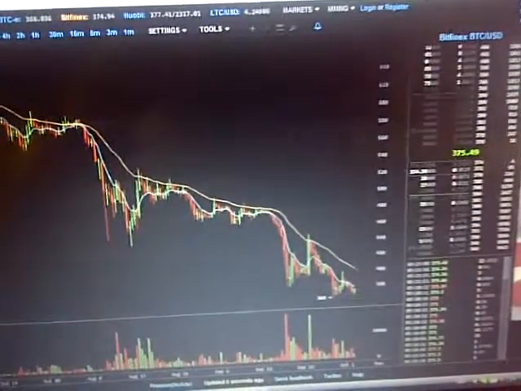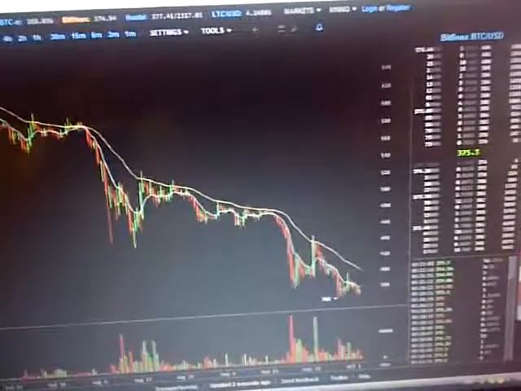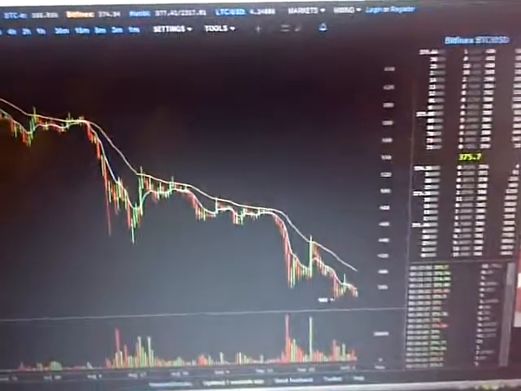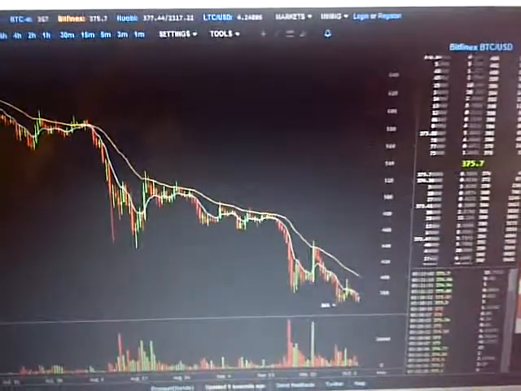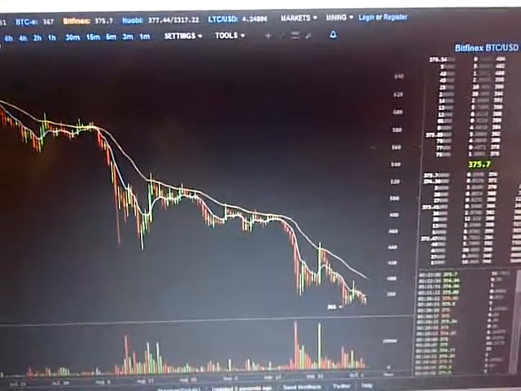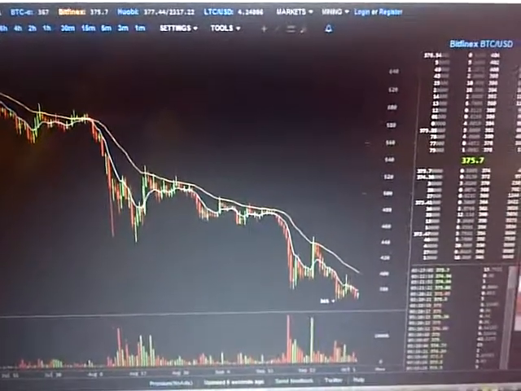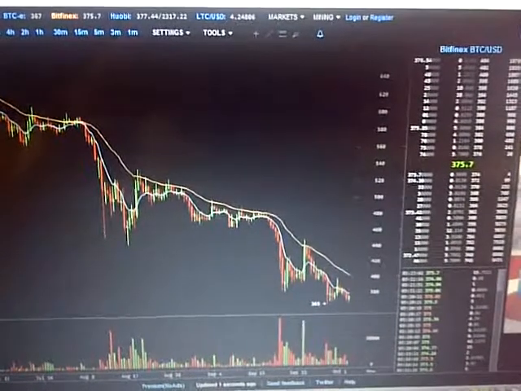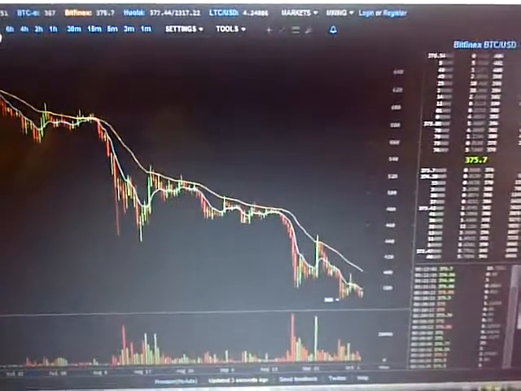Especially if you're very long in Bitcoin, the price doesn't matter. The great thing about what I am doing is that I'm a user.